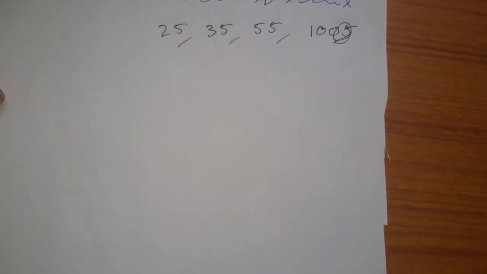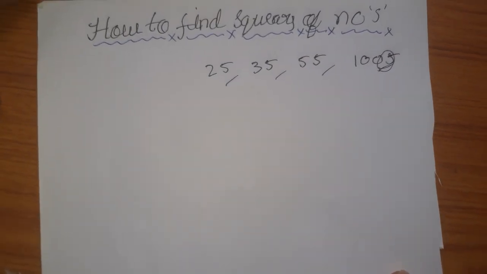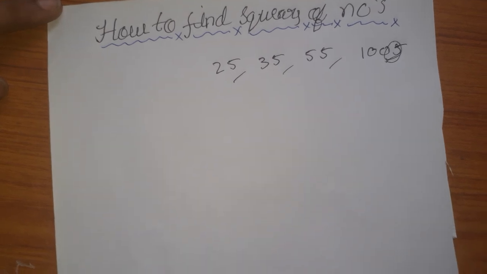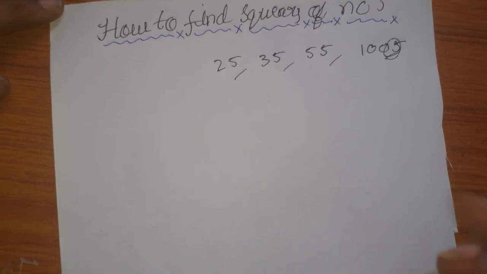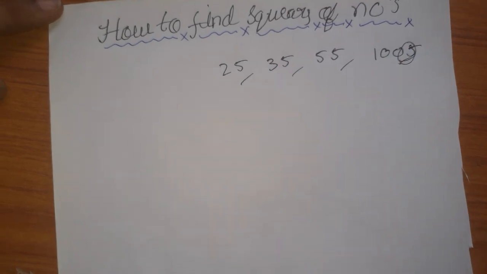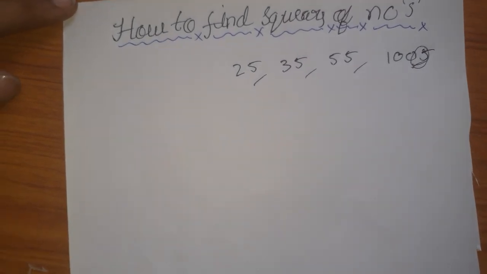Today in this video I am going to tell you how to find the squares of different numbers. Let us start with an easy example of how to find the square in the normal method.